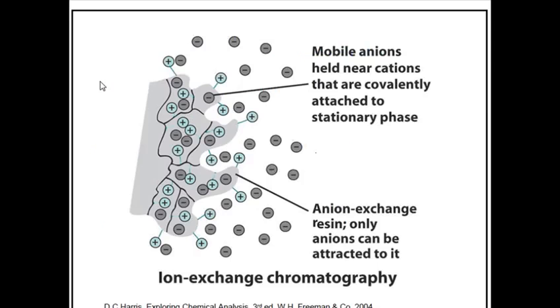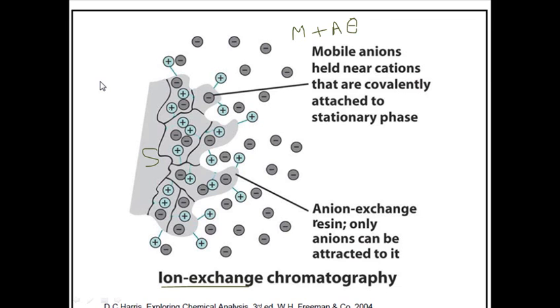Now let's talk about the ion exchange chromatography. So what is the ion exchange chromatography? As the name suggests, the ion exchange chromatography is everything to do with ionic compounds. Again in this case we have mobile phase and analytes, and in the stationary phase we have this. The analytes, which are dissolved in the mobile phase, are negatively charged, for example, so they are anions in this case.